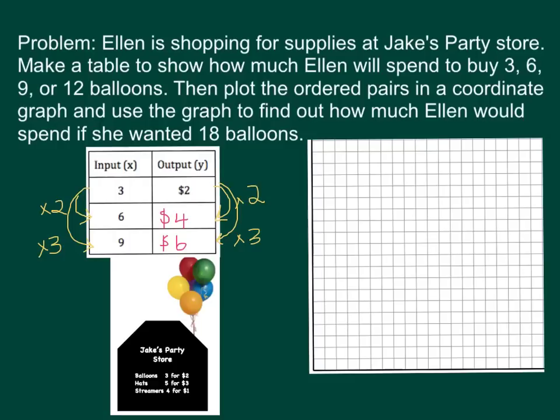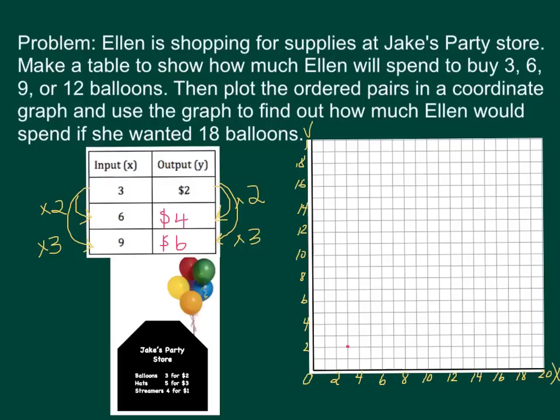We do want to make sure we label everything. So I am going to go ahead and label my X and my Y axis. And then I also need to label the points along those axes. I labeled my x and y axis by 2's. So my very first ordered pair is 3 on the x and 2 on the y.